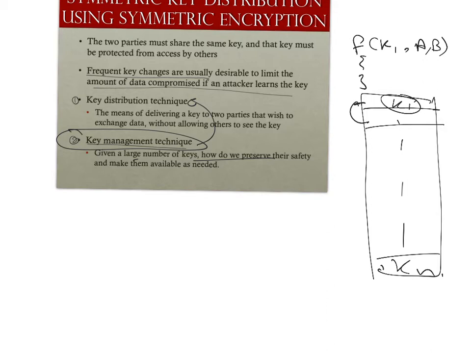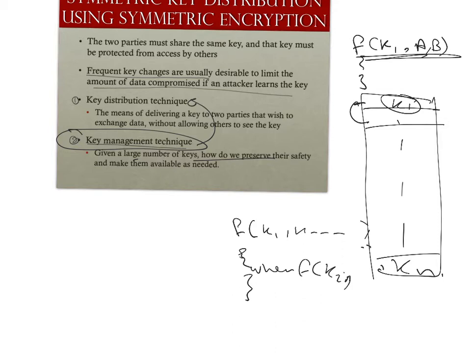Okay? Key management talks about the fact that we have key 1, key 2, and key 3, and so on. Okay? So when do we call that function with a specific key between A and B?